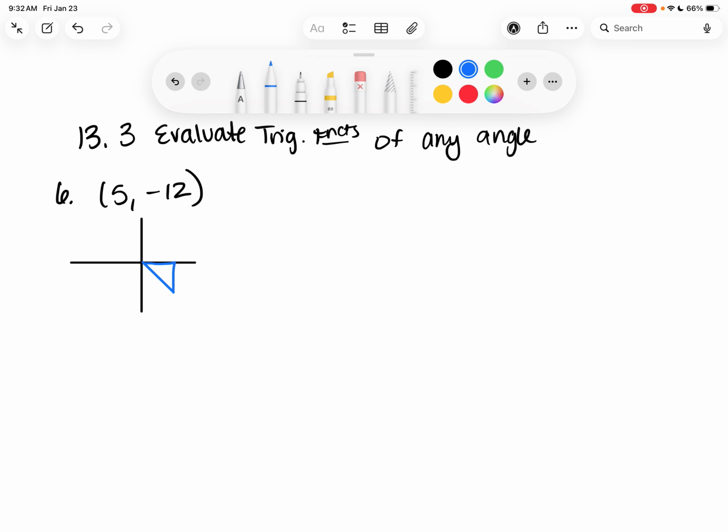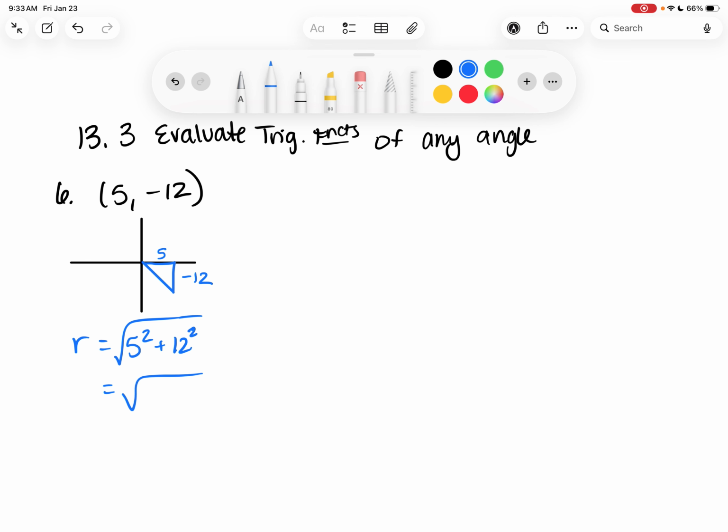So my little triangle is going to look like this. So this is 5, this is negative 12, and I need to find the other side. Normally we call it R with trig stuff, but if you call it C, that's fine. So this is the square root of 5 squared plus 12 squared.